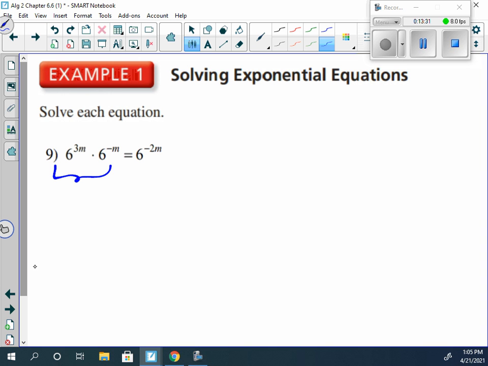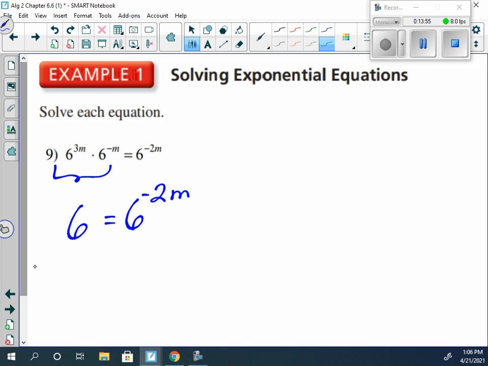so we can do what? Do something with the exponents. So what can we do with the exponents if the bases are the same? We can add them. Because if the bases are the same, you add the exponents.